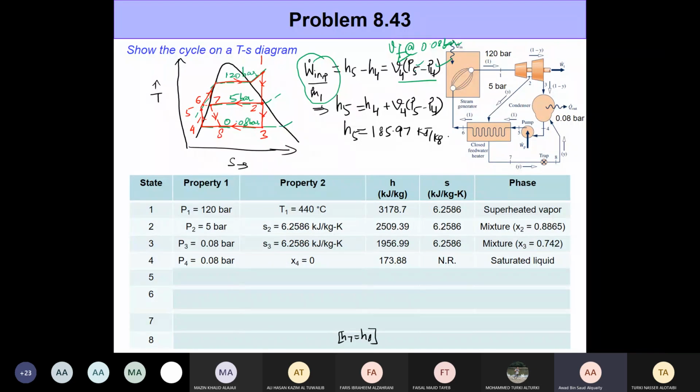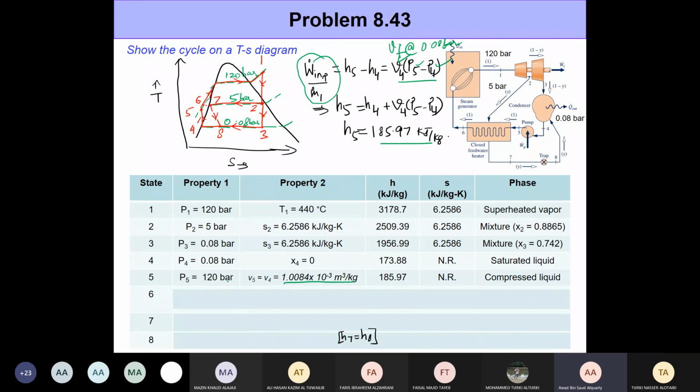P5 is the boiler pressure, P4 is the condenser pressure. So it's simply a matter of plugging in the numbers and making sure the units are consistent. Once you do that, you get the enthalpy H5 as 185.97 kilojoule per kilogram. Make sure you're picking up the specific volume correctly.